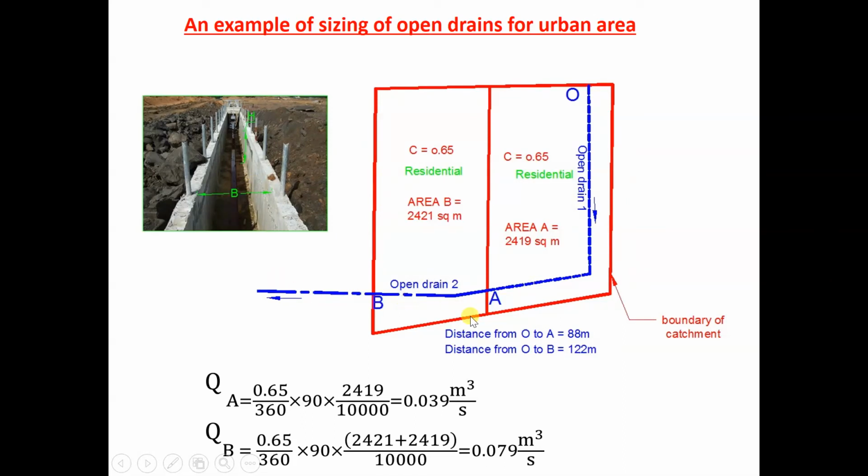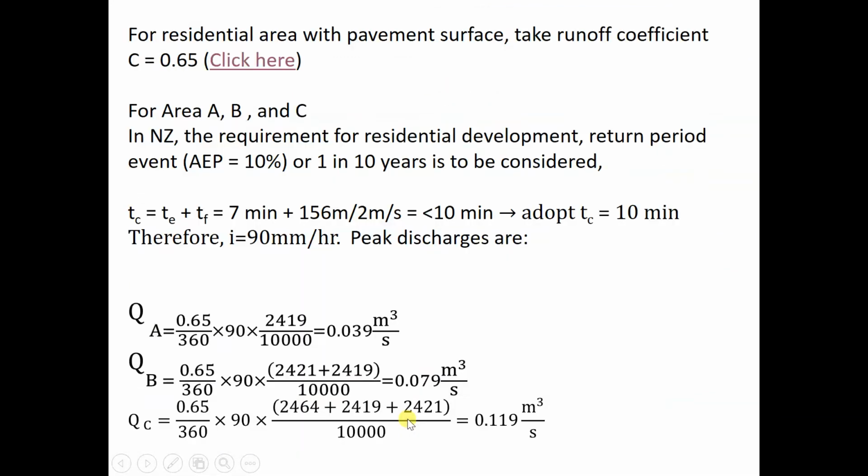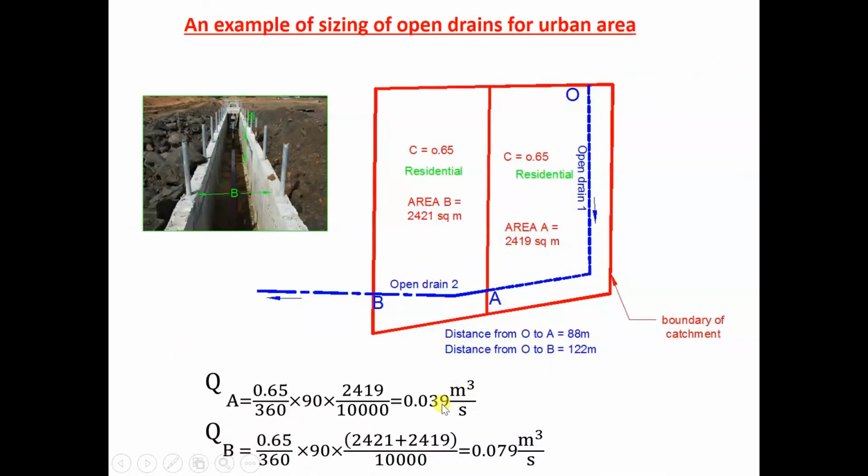Okay, so I just make the QA and QB the same as before. The discharge is exactly the same. I just make use of the previous one, QA 0.039, QB 0.079. So I just adopt the same QA and QB.